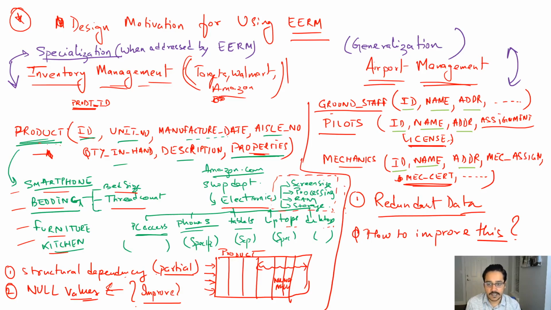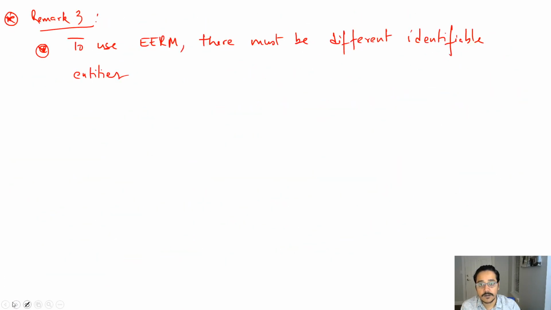What it is telling us is that if there are entity instances that have some specific features which are special to them, or you have multiple entities which have some features common to them, that is, there are entities which are different and you can differentiate between them, then you can apply EERM. So that is the first case.